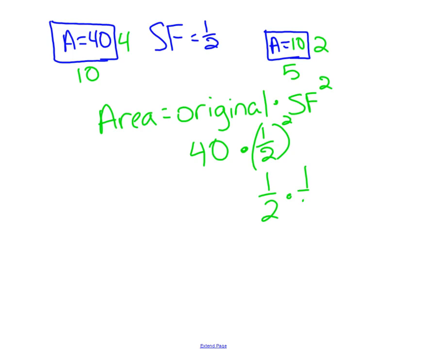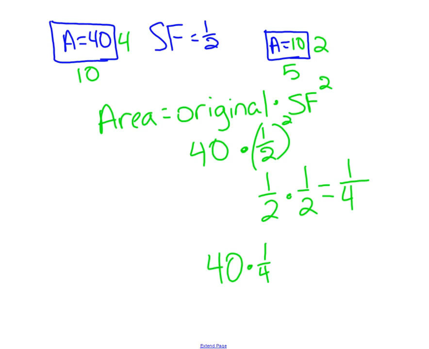We did this exact same thing yesterday, right? You gave me the same answer yesterday. 1 times 1, still 1. 2 times 2, 4. So 1/2 squared is 1/4, not 1. So the new area is 40 times 1/4, or 40 divided by 4, which is 10.